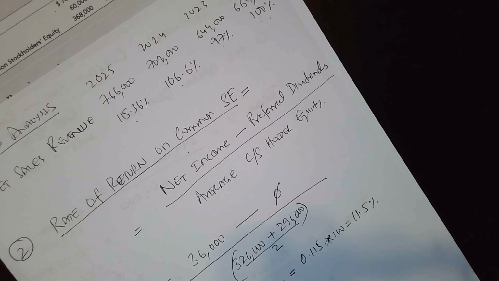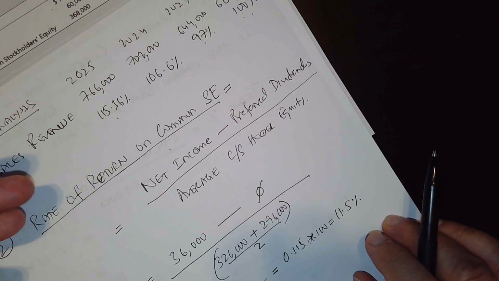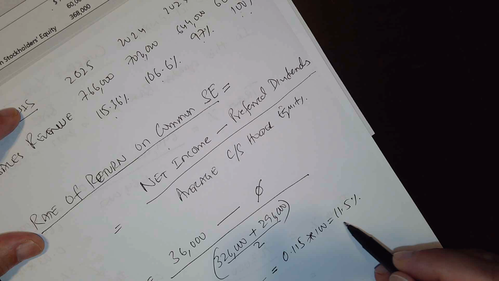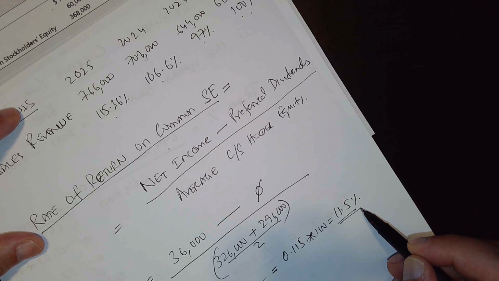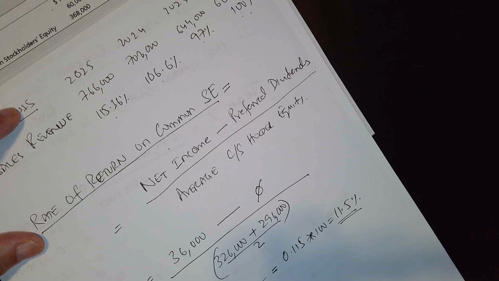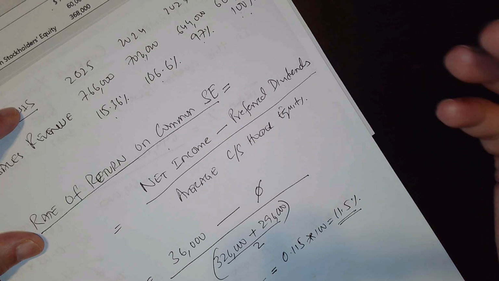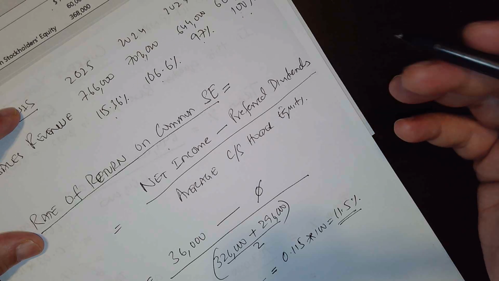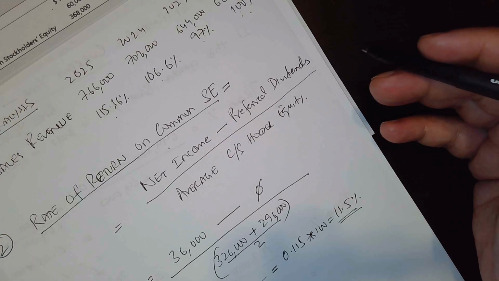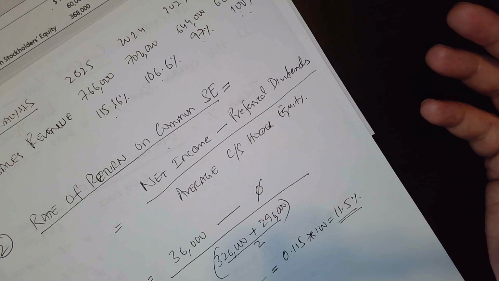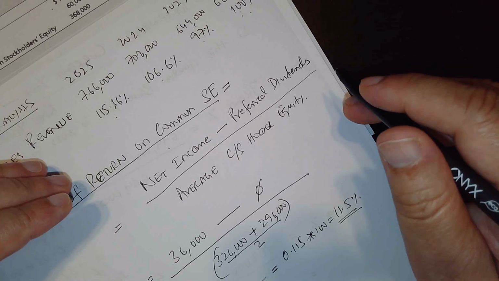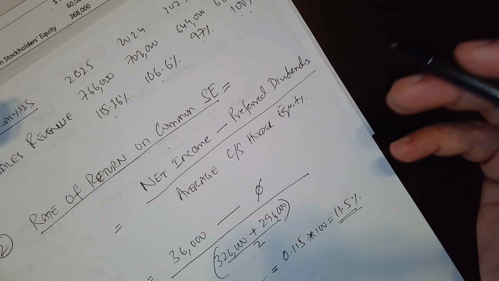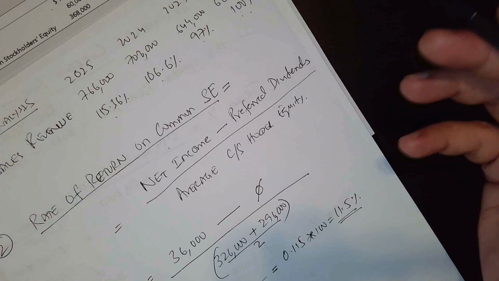So suppose that you are a stockholder in this company and you invested $100 and you are getting 11.5% return. So basically for every $100 that you have invested in this company as a common stockholder, you are getting back 11.5% or $11.50. Now, as a common stockholder, you will have to decide whether this return is good or bad for you. And how would you decide?